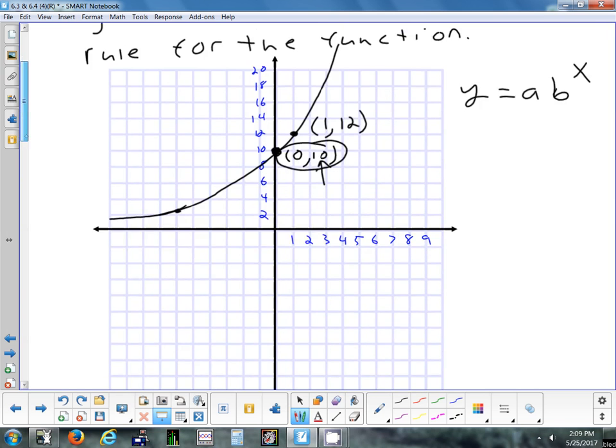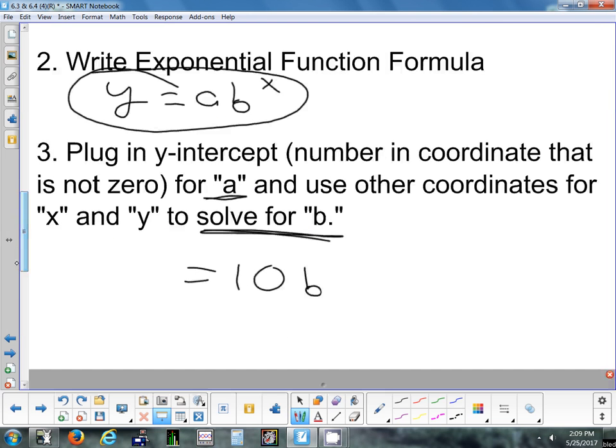The 1 and the 12. What do you call this, that thing I just wrote? Josh? It's a coordinate. What's the first number in the coordinate? That's an x. What's the second number? It's a y.